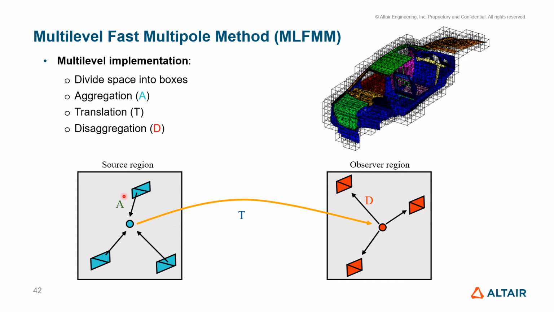Of course, I'm explaining this, but in a tool like Altair Feko, this is all taken care of internally, and you don't need to be concerned about how these boxes are made and how the interactions happen. I'm just letting you know that this is how MLFMM reduces the memory and the CPU time.